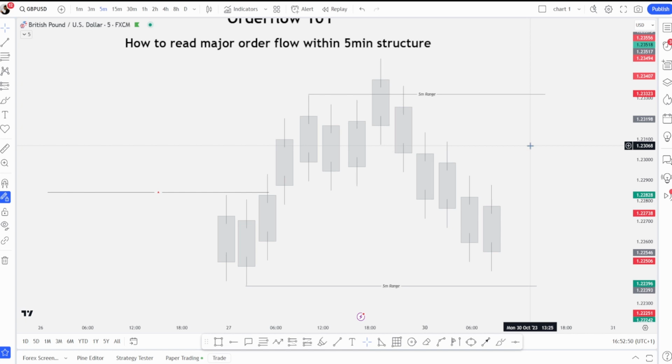High impact news, of course, news always loves to mess up your technical points. And then the only other time it's going to shift is if you have pairs that hold very low liquidity, so your exotic pairs. Apart from that, you're going to see these structures hold fast a lot of the time.